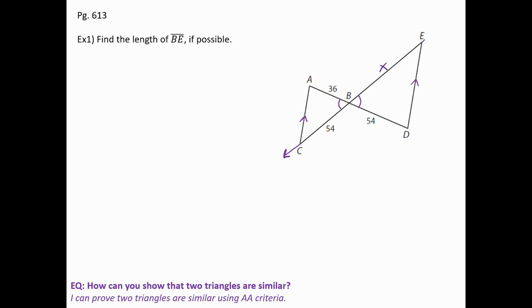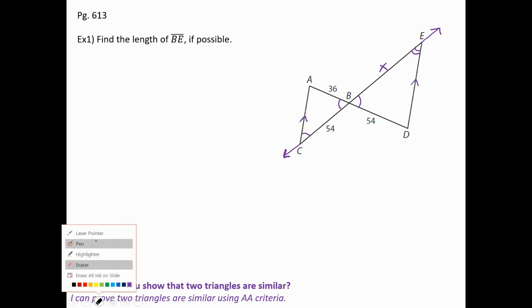And then going one step further, we have parallel lines, we have line CE that cuts through them. Then I can say that this angle here is congruent to this angle here, which may seem like a stretch, but it actually has to do with the parallel lines. That's one of our angle pairs coming back all the way from last semester.